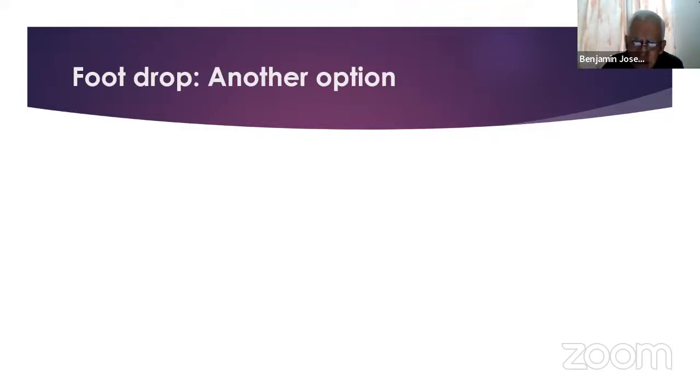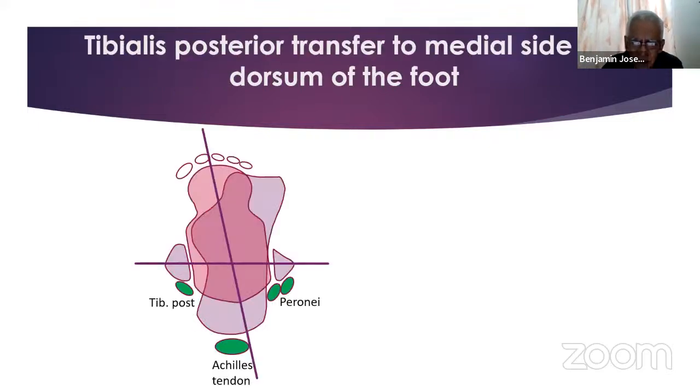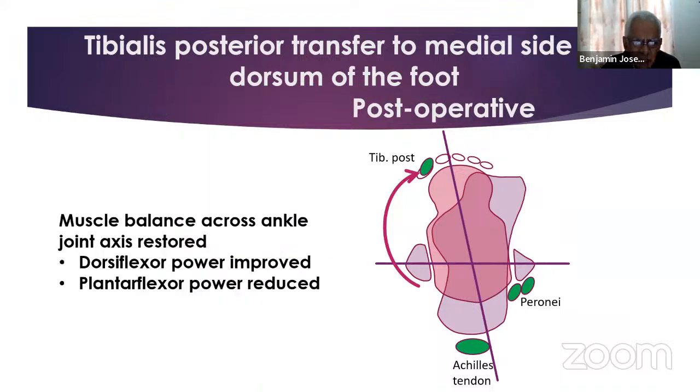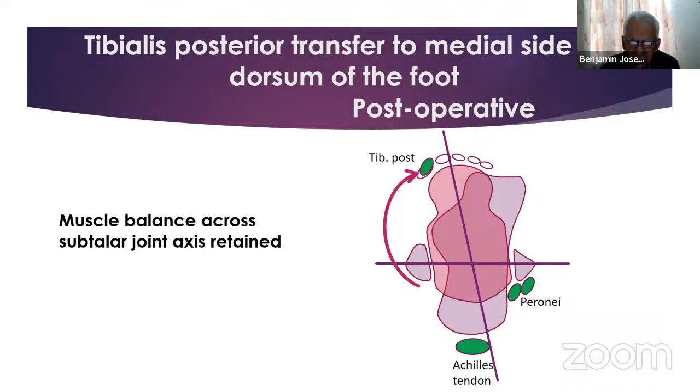Is there another option? Yes, there is. You can transfer the tibialis posterior to the dorsum of the foot. And here I've opted to fix the tibialis anterior on the medial aspect of the foot. So the muscle balance is restored across the ankle joint because the dorsiflexor power is improved and the plantar flexor power has been decreased a bit.